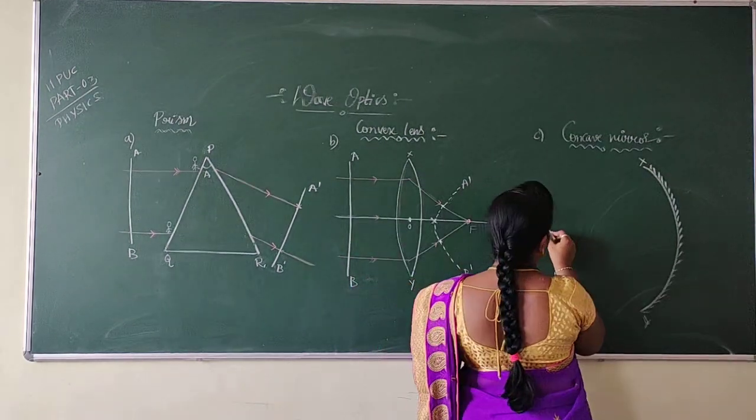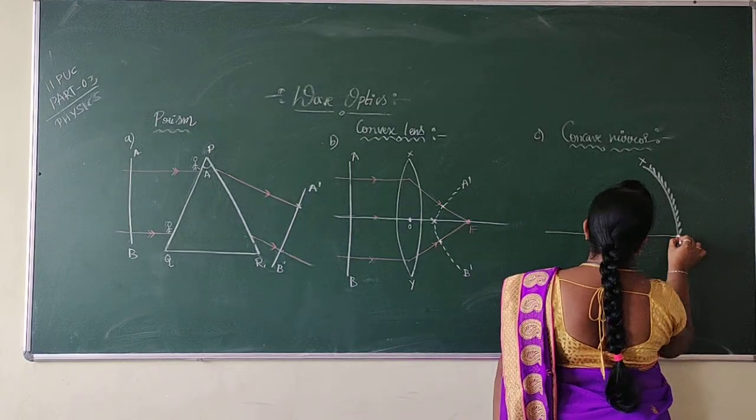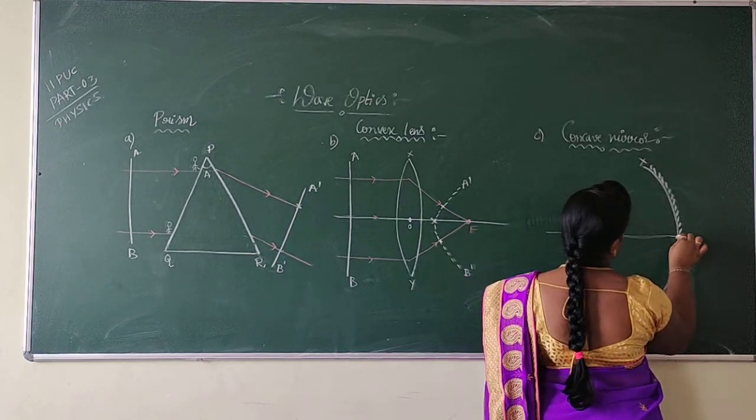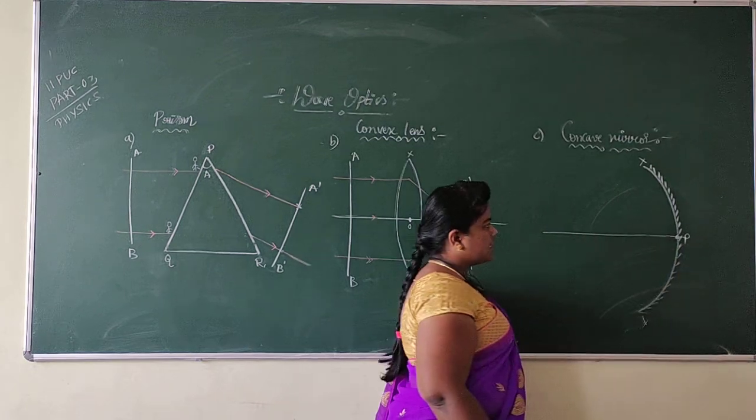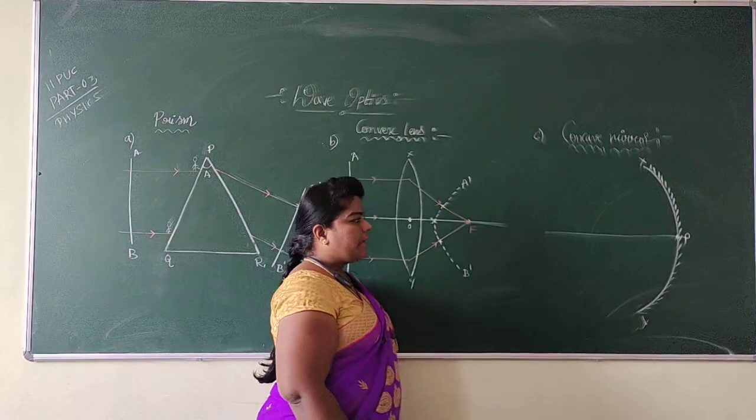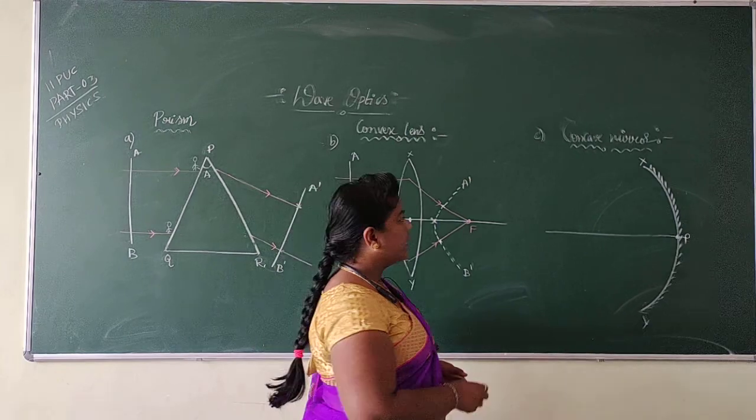This concave mirror has the principal axis with a pole, the center pole P. Right. Now what I am doing, I am going to insert a plane wavefront.